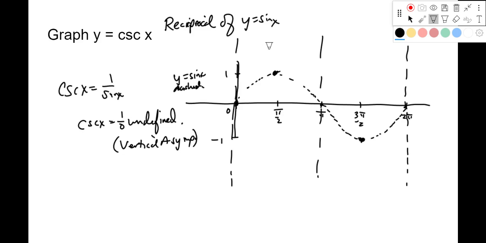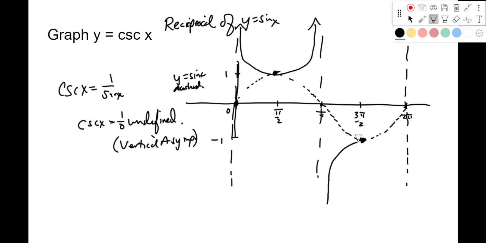So the easiest way to really think about it is if you take this wave here, this piece of the wave, and flip it up so that it goes to infinity, you get what looks like a parabola. That's the graph. And then over here, on this minimum, you would take the wave and flip it down.